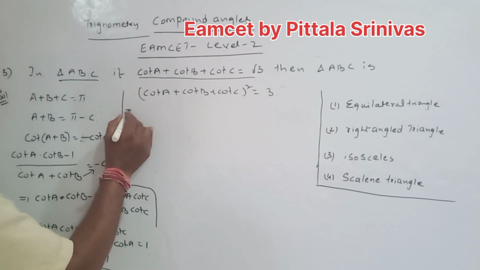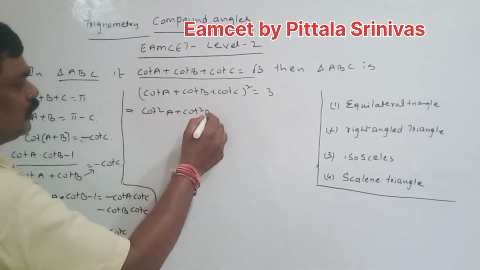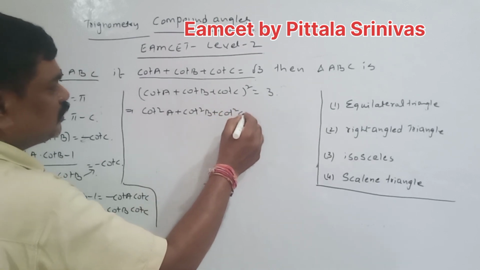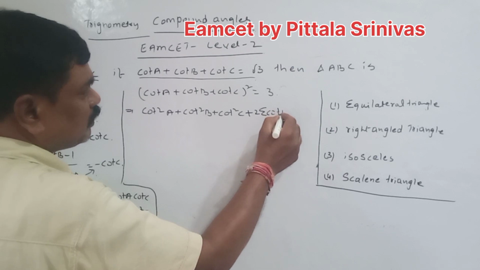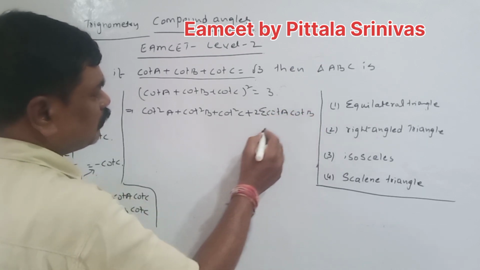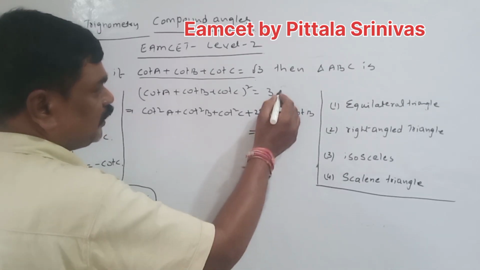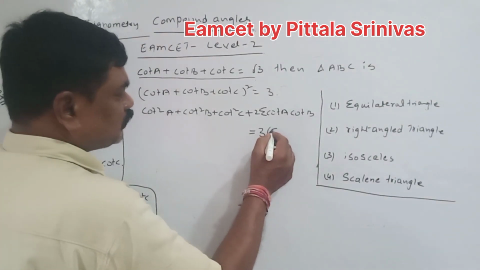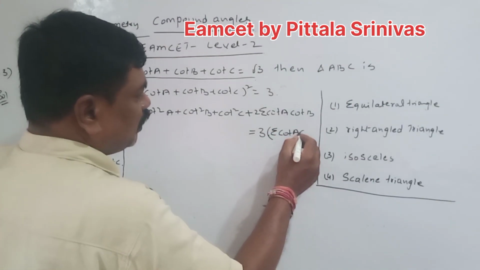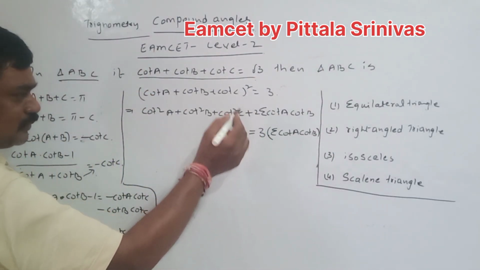Then what we can write as cot square A plus cot square B plus cot square C plus 2 into sigma cot A cot B is equal to 3. Sigma cot A cot B is equal to 1. So you can write sigma cot A cot B. Okay, all of you. You take this to this side.